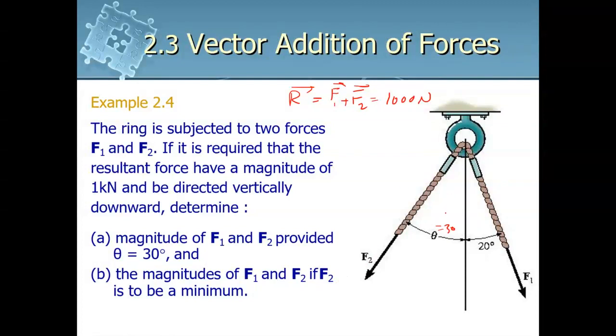So the first step of solution is simple. I can construct a triangle. In that triangle, I start with what I do have. The one which I have is the vertical one, the resultant.